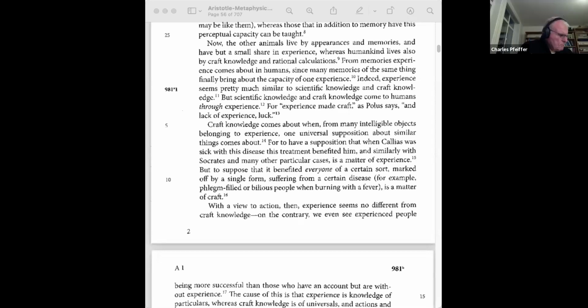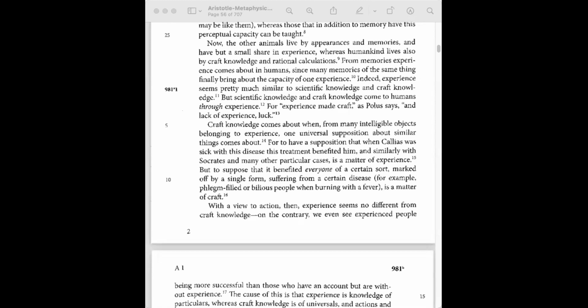Craft knowledge comes about when, from many intelligible objects belonging to experience, one universal supposition about similar things comes about. To have a supposition that when Callias was sick with this disease, this treatment benefited him, and similarly with Socrates and many other particular cases, is a matter of experience.